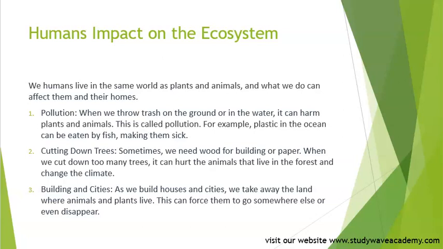Cutting down trees. Sometimes we need wood for building or paper. When we cut down too many trees, it can hurt the animals that live in the forest and change the climate. Building and cities. As we build houses and cities, we take away the land where animals and plants live.